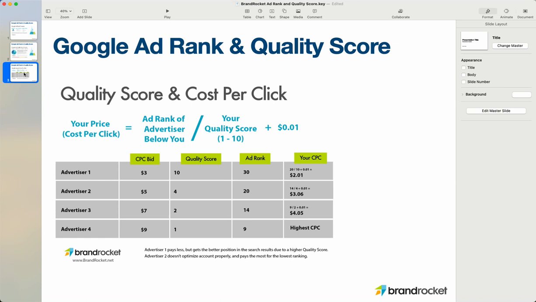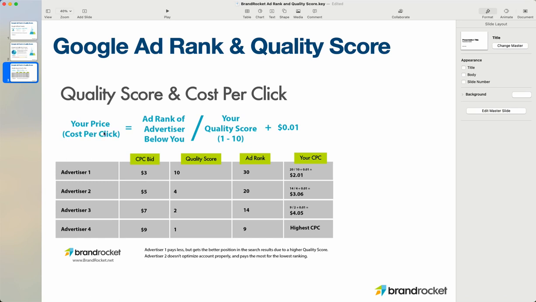And then finally, let's look at what actually can happen when you pay attention to quality score, and what is the result in terms of cost per click. So here we have the price. This is the formula of how Google determines what somebody is going to pay per click.